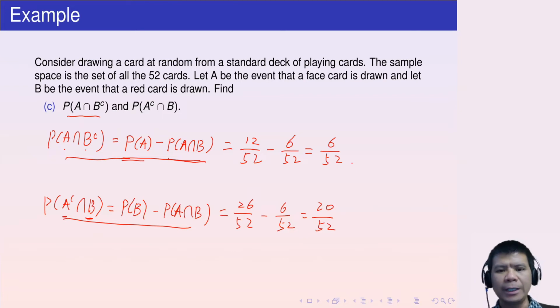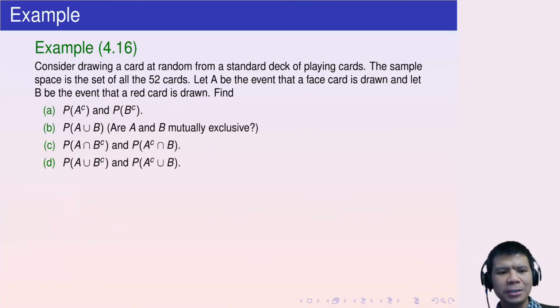Okay, so these are the three probability rules: the complement rule, the addition rule for the union, and the difference rule for the differences of two events. Now consider this example. Drawing a card at random from the standard deck of playing cards.